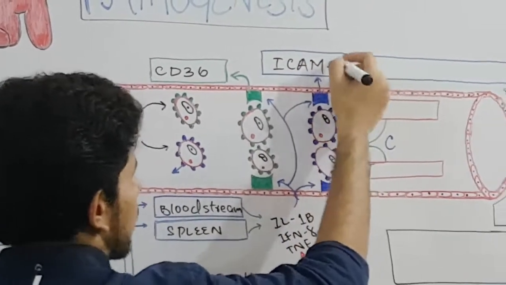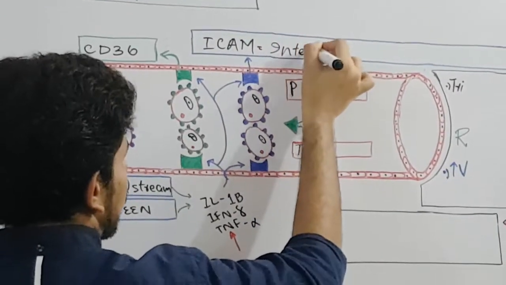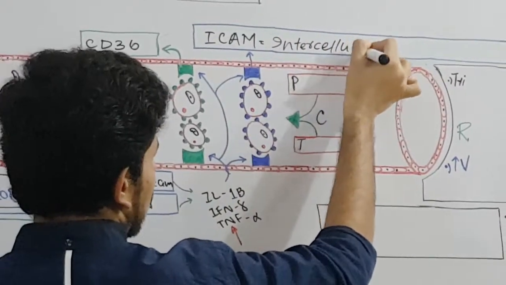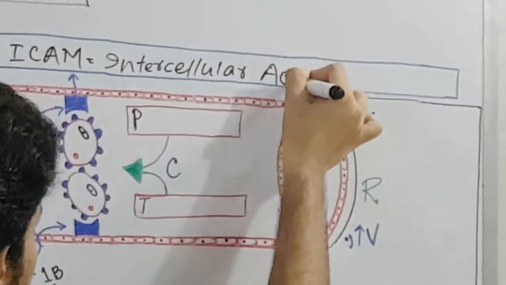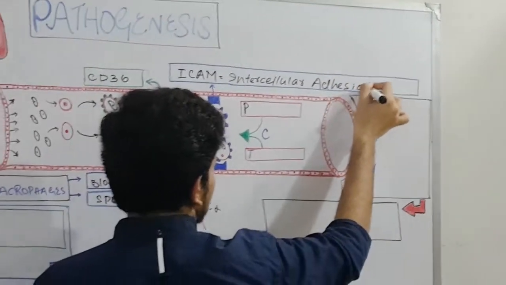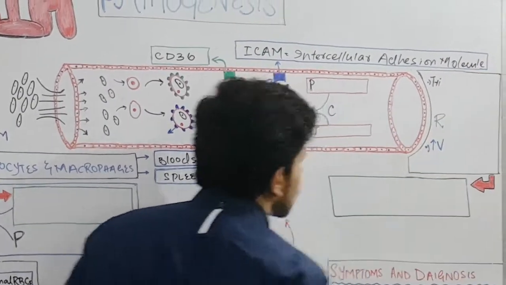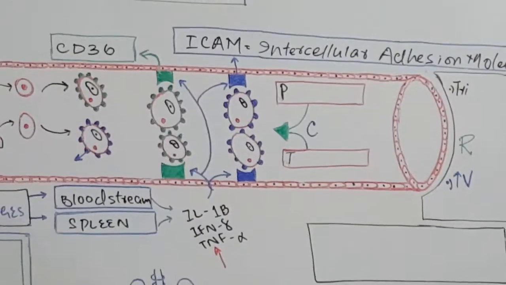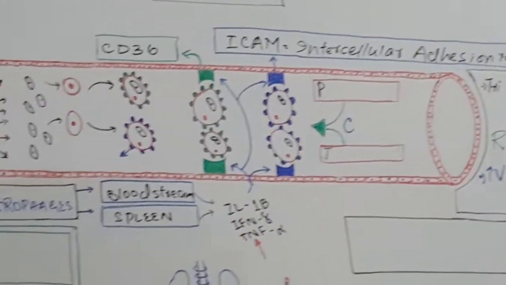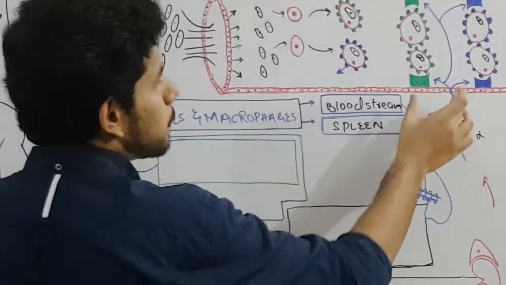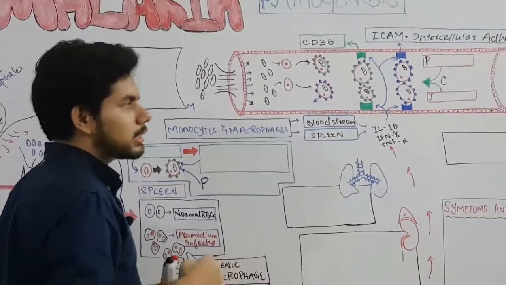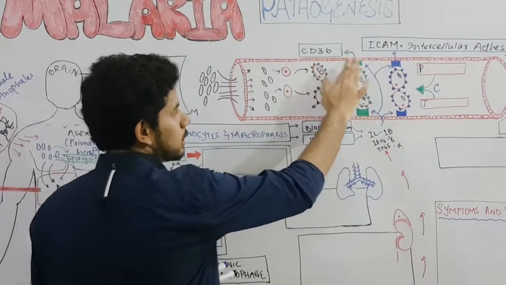Actually the full form of ICAM is intercellular adhesion molecule. So these cytokines increase the expression of these endothelial receptors, which include CD36 and ICAM.